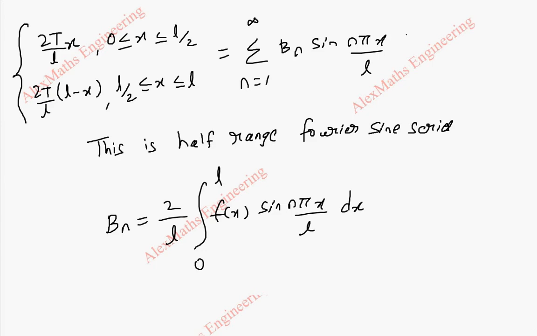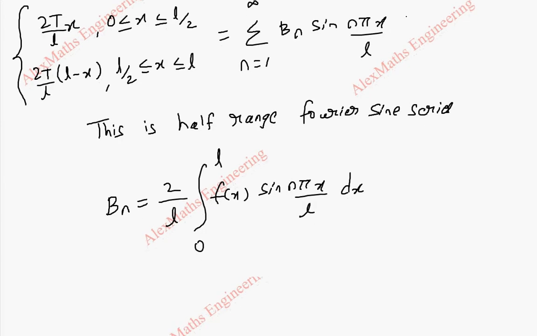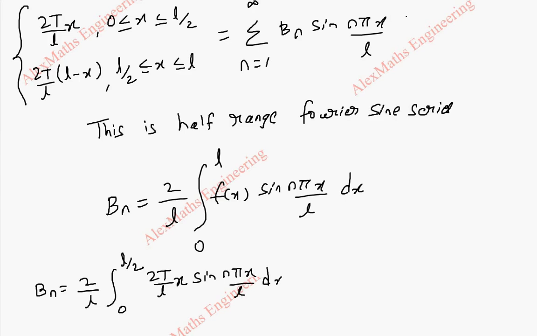Now we are going to substitute the function, but the function is made up of two parts. So we take Bn = 2/L ∫ first 0 to L/2 alone, and f(x) is 2h/L x, into sin(nπx/L) dx. This is the first part.